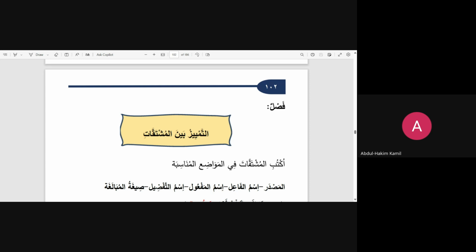Listen up. What does yarkabu mean? What does rakibun mean? The same thing. When we studied ism fa'il, we had a sentence with ism fa'il and we had it with fi'l mudari', remember? And you had to change ism fa'il to fi'l mudari'. So yarkabu means rakibun. Yajlisu means jalisun.